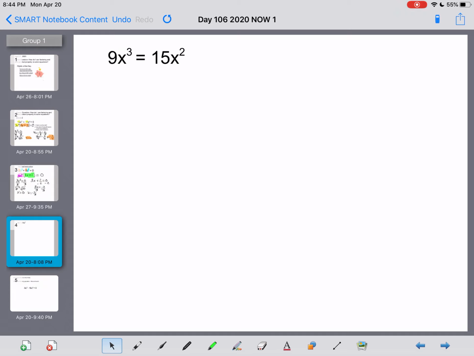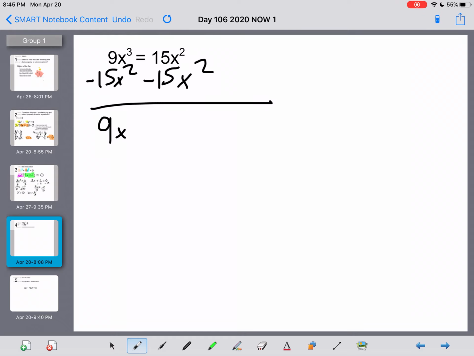So we could do that in one move. If we just subtracted 15x squared on both sides, look what we would have. On the left side of the equation, we have 9x to the third minus 15x squared. And on the right side, 15x squared minus 15x squared is 0. So we are, at this point, in a good spot. And we could take it from there.